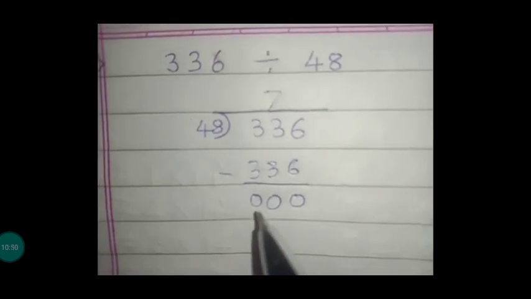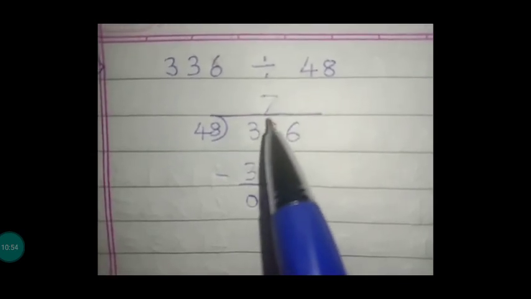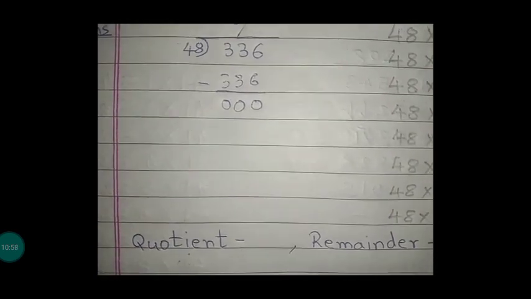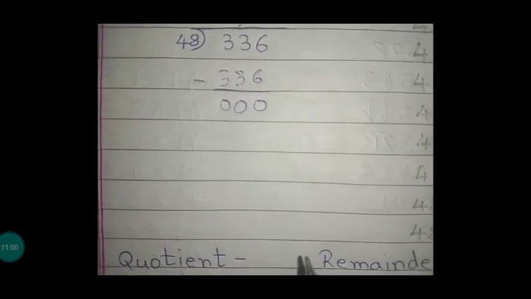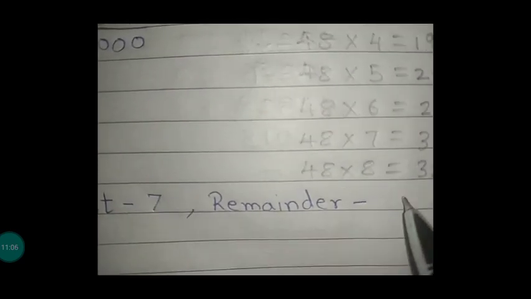There is no number here, so the remainder is 0 and the quotient is 7. So you will write here quotient is 7 and the remainder is 0.